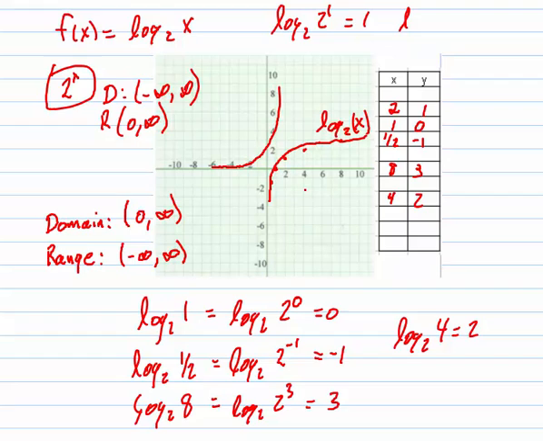And they flip for this one. And that's basically because every time I have a point on this graph, there's a corresponding (y, x) over here on the inverse function.